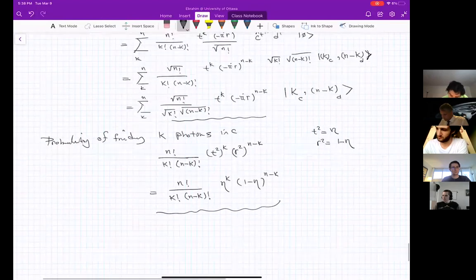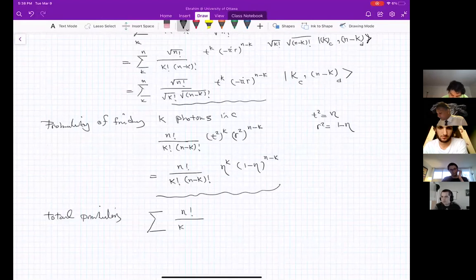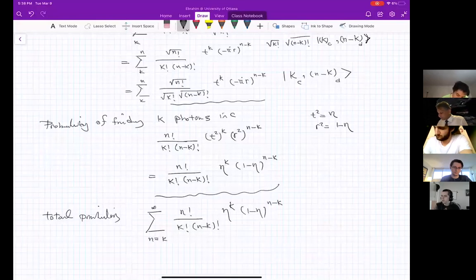So the total probability will be essentially the summation of n factorial divided by k factorial, n minus k factorial, eta power of k, 1 minus eta power of n minus k, and n is changing from k to infinity because it's all n, with each one having a certain distribution.